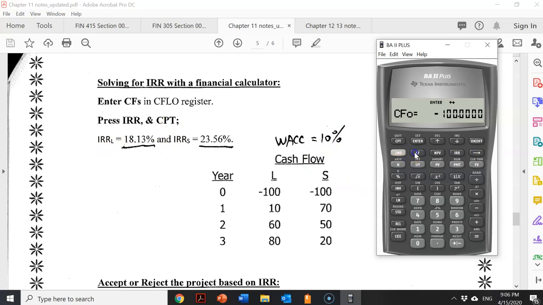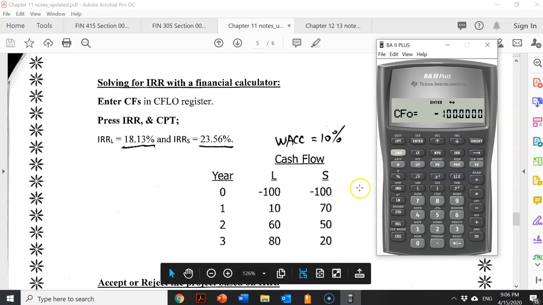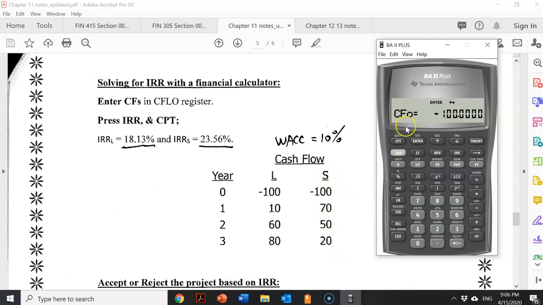So again, let's start with S because we have all the values saved in the cash flow function for S already. Cash flow 0 is -100, cash flow 1, 70, frequency 1 as 1, cash flow 2, 50, frequency 2 as 1, cash flow 3 as 20, frequency 3 as 1, no cash flow 4. All the cash flows are for S right now.